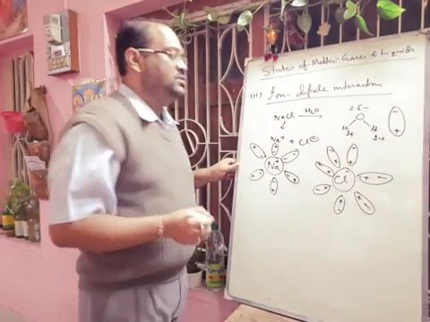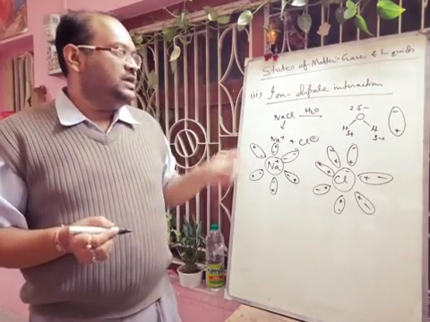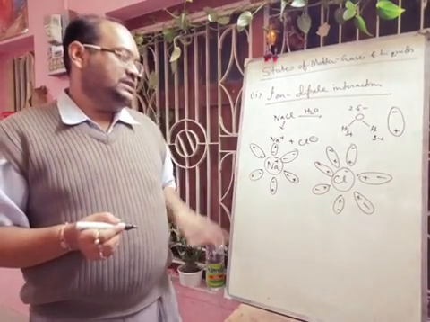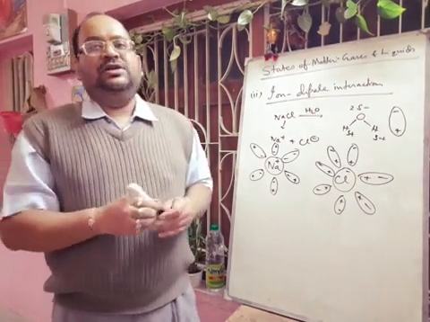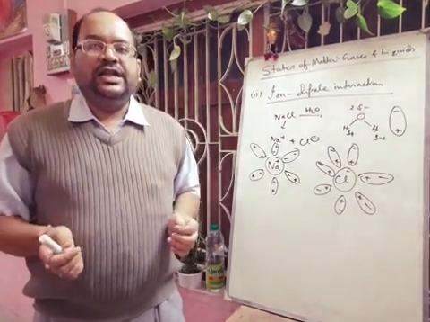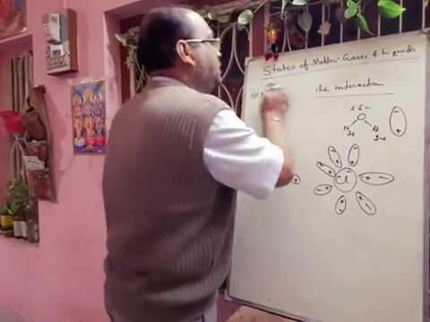In this way it will be solvated, and that is why it is called ion-dipole interaction. This one is the dipole and this one is the ion. Next we will discuss the ion-induced dipole interaction.